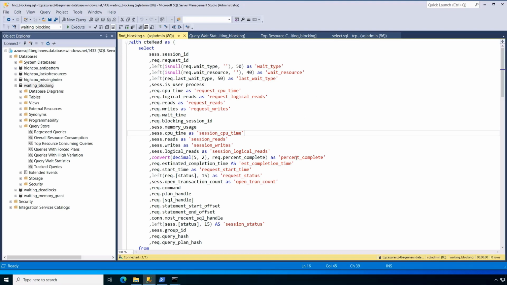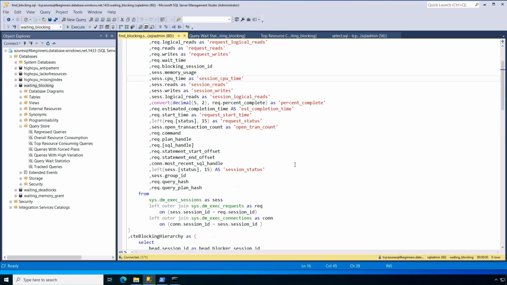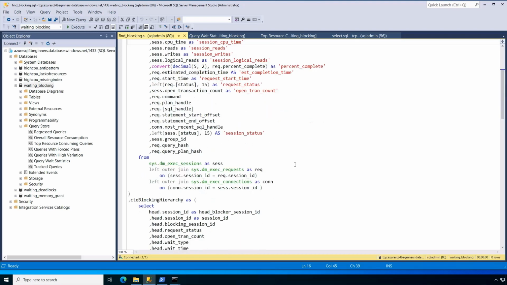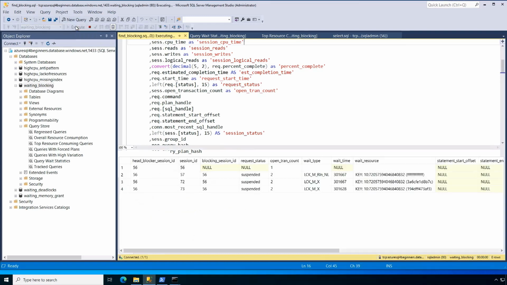If we look at the from clause, here are some of those DMVs. We're going to join sessions, requests, and connections all together to see if there is a blocking problem, and what is the lead blocker, so we can figure out the head that starts this issue. So let's go run this, and we have some interesting results.